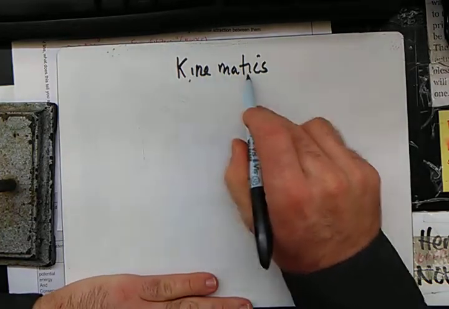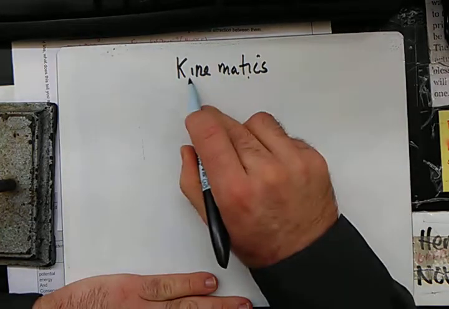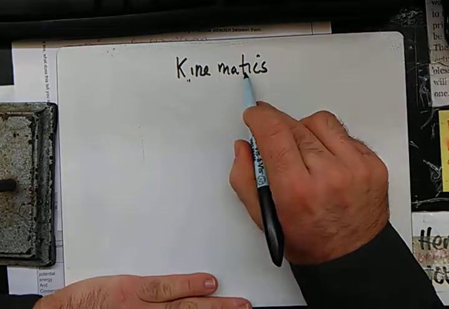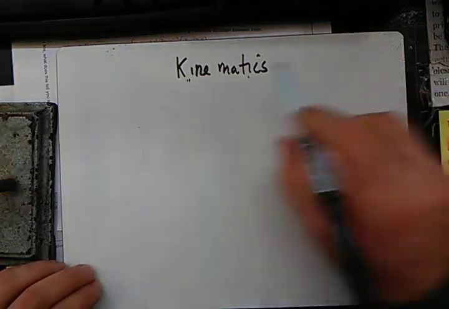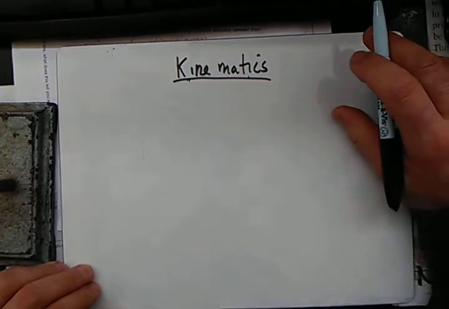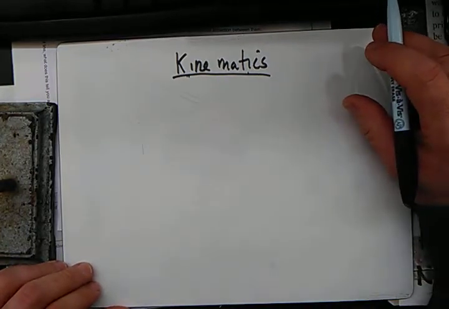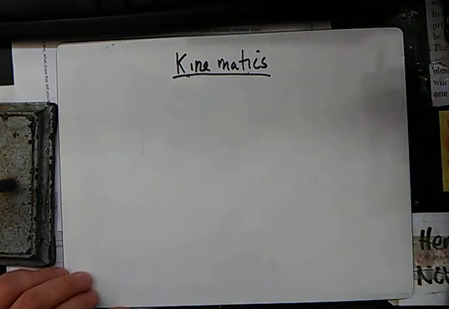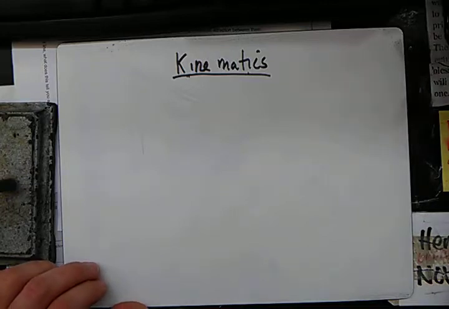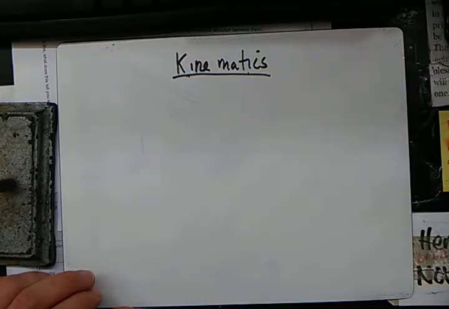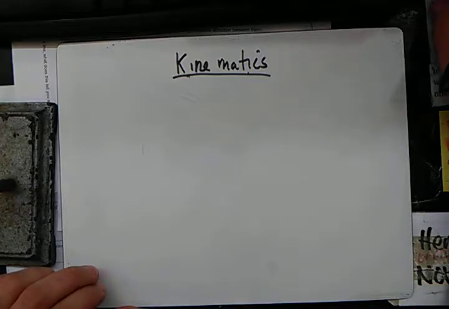So movement and then calculation of. Kinematics, movement and the calculation of. So our topic here is the calculation of movement, because our life consists of movement. That's a fundamental thing that we look at, is movement.